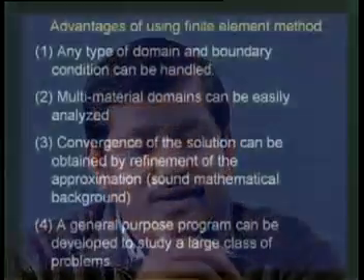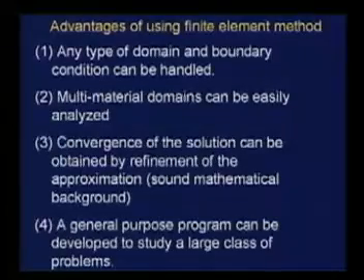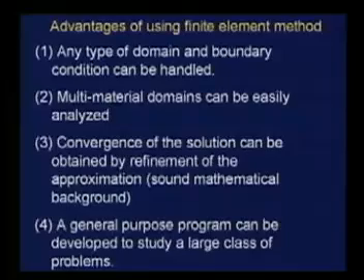So why do we need to use the finite element method? There are so many methods which are available to obtain approximate solutions to the boundary value problems that we encounter in engineering or mathematical physics. The answer is that in the finite element method, there are no constraints with respect to the domain boundary or the boundary conditions that can be handled.